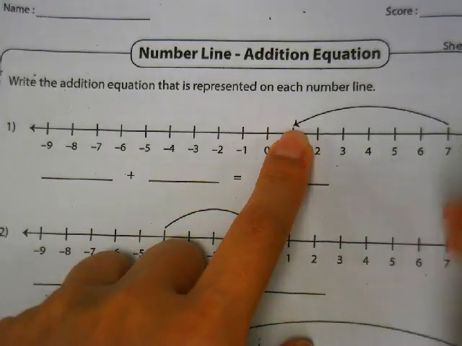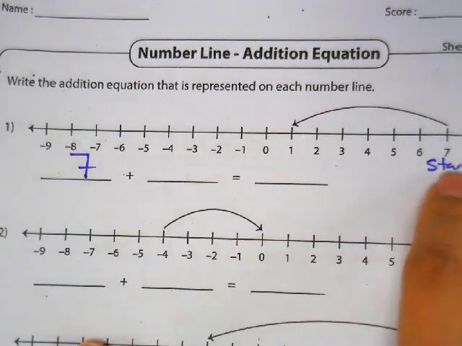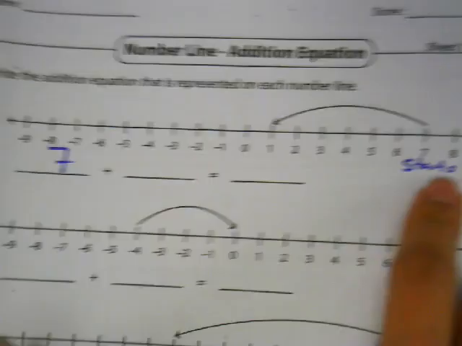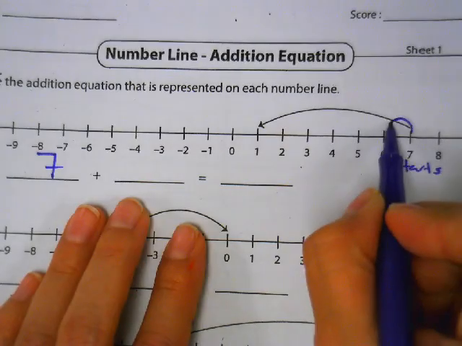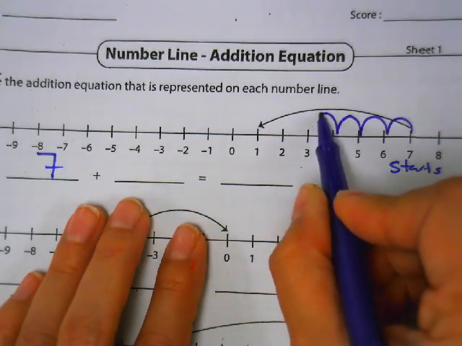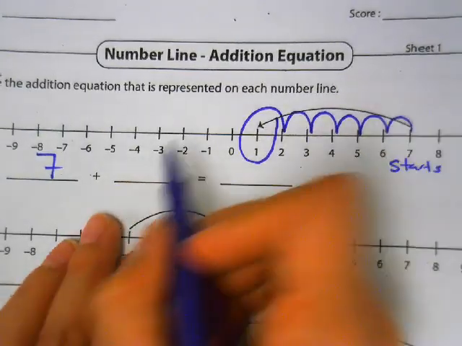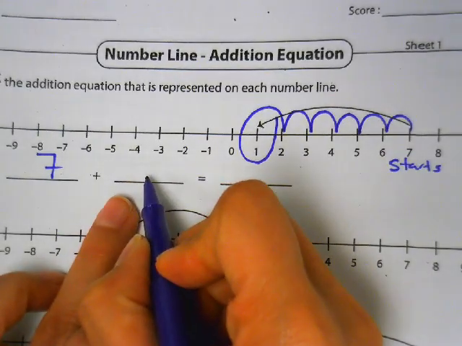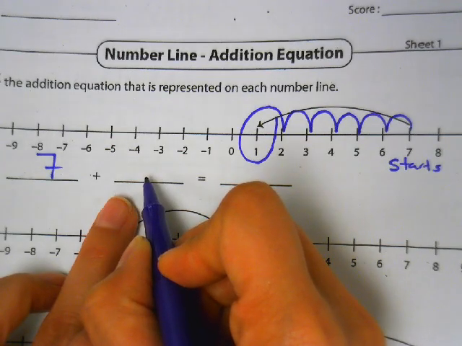So it starts here at 7. Now, how many hops? 1, 2, 3, 4, 5, 6. So that's what I write here. How many hops? 6. But which way did I go? Did I go to the left or the right? Left.